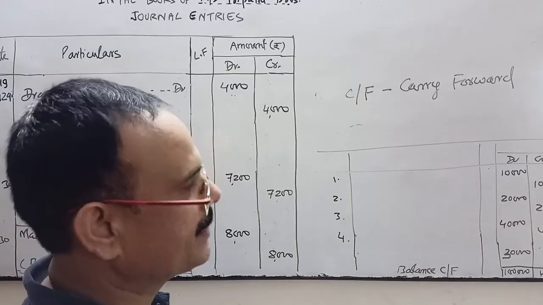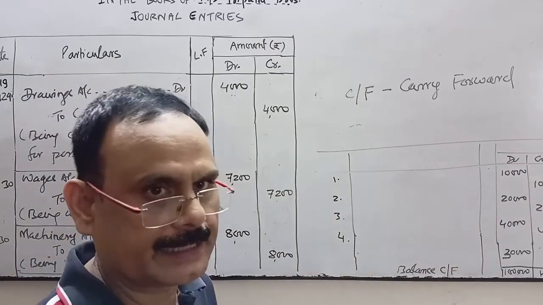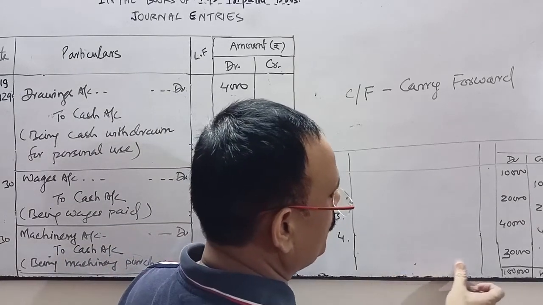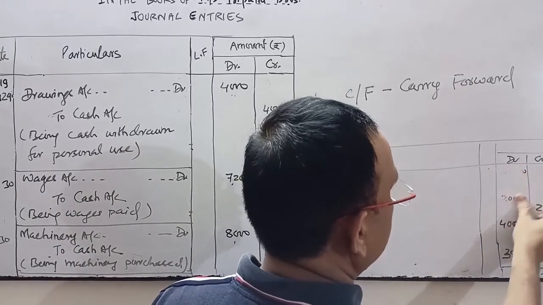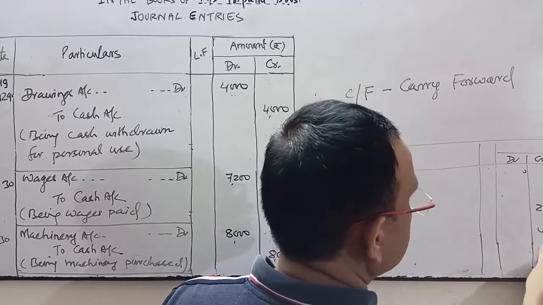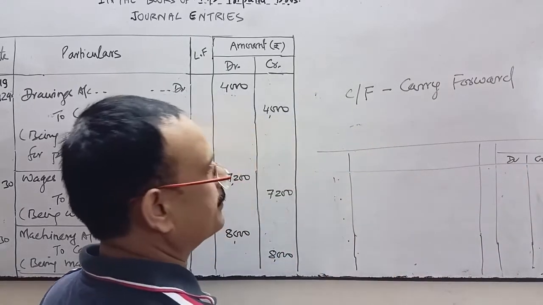Now in the next page, when you are going to use the next page for the next transactions, this balance carry forward will be at the top. You write this balance at the top of the next page, next sheet.